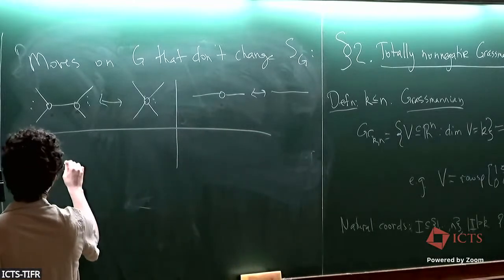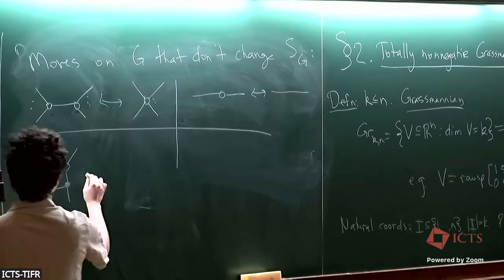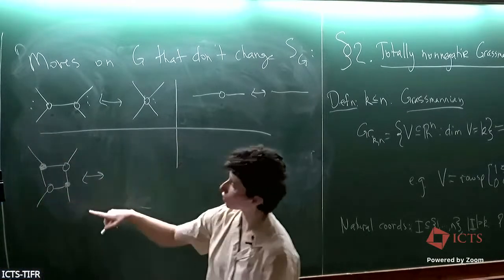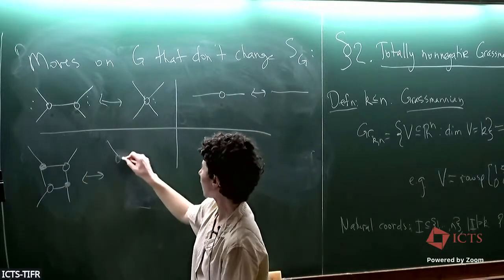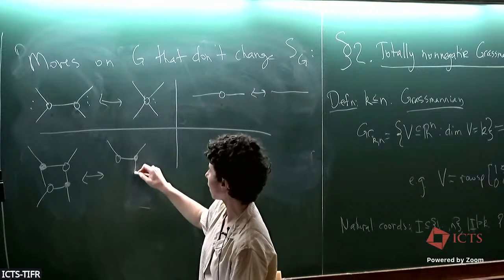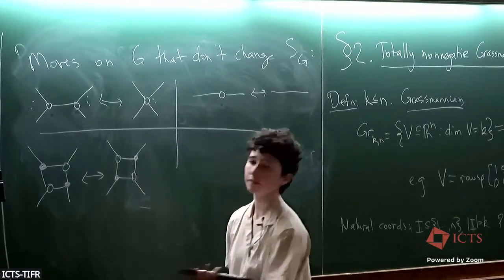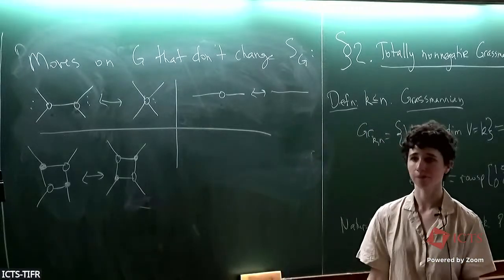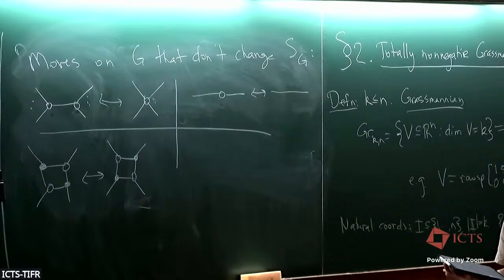If I have a local picture that looks like this, a square with alternating colored vertices, I can change it to the other coloring of the square. That's positroid cells. They come from graphs in this very explicit way. Any positroid cell you want, I can come up with a graph that gives you it.